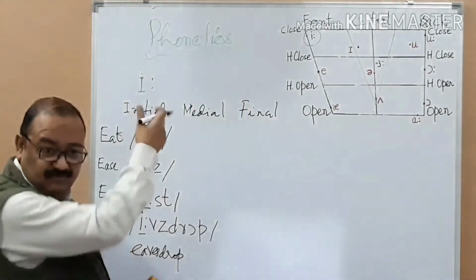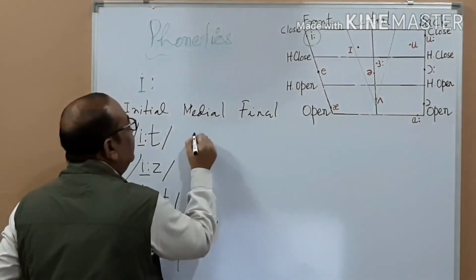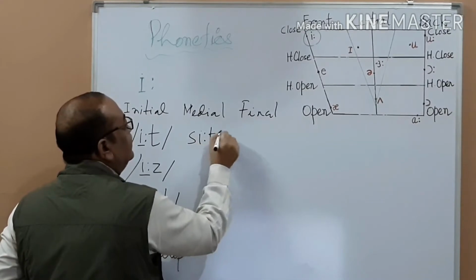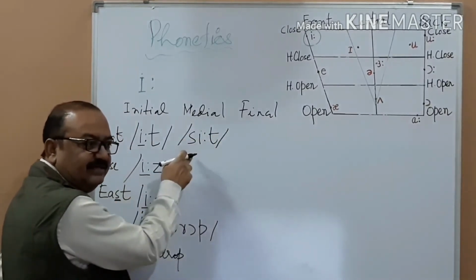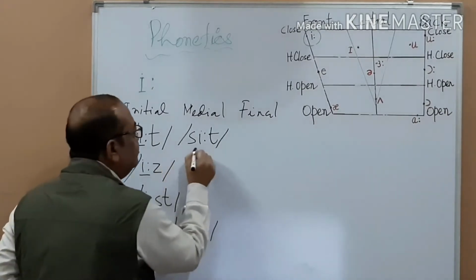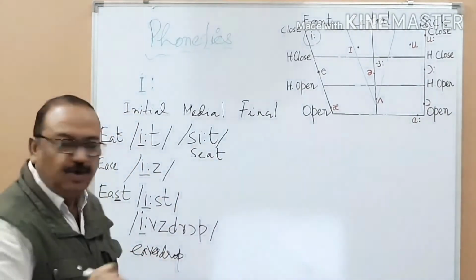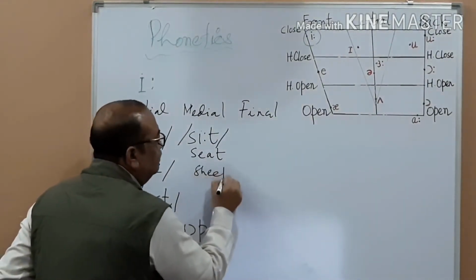For example, I had already written the word sheep, you remember, or seat. This is seat. I have directly written the transcription. Well, this is seat. Or sheep for that matter.